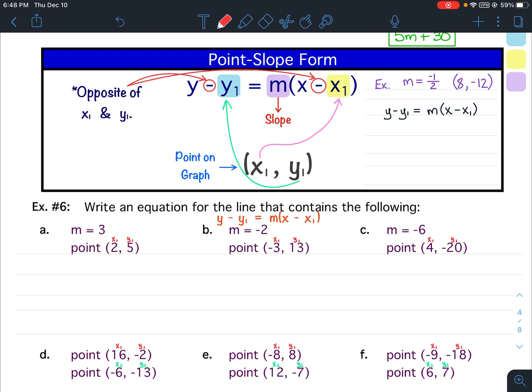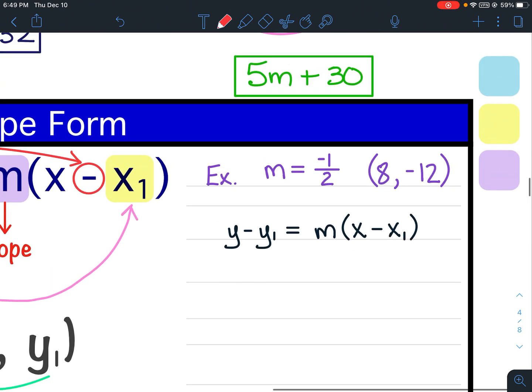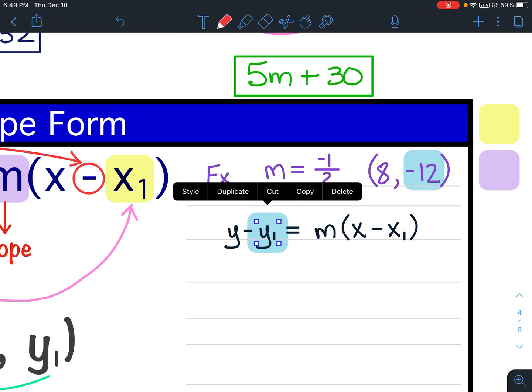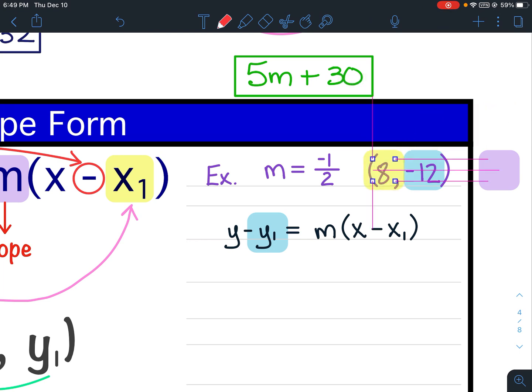All right. So first, this negative 12, we're going to plug that in for y1. This positive 8, we're going to plug that in for x1.